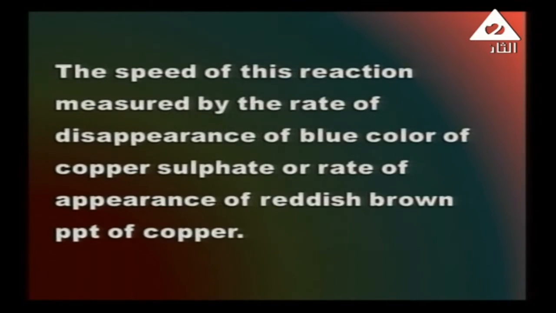This is the answer of question number three. How can the speed of this reaction be measured? The speed of this reaction is measured by the rate of disappearance of the blue color of copper sulphate or the rate of appearance of the reddish brown precipitate of copper.